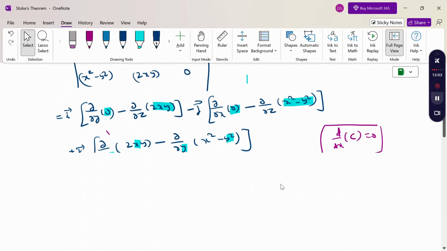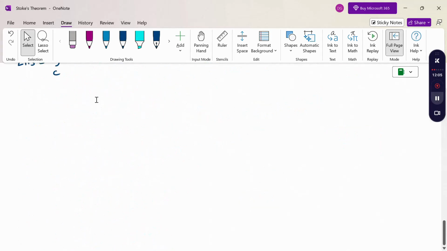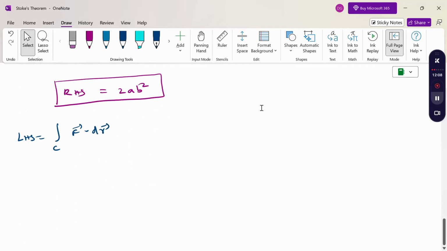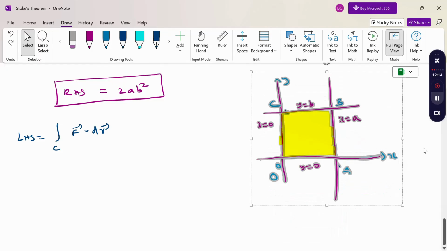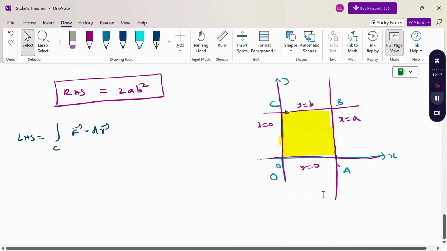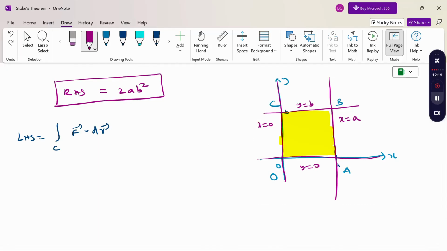Here, look, this is one line, this is one line, this is one line, with x from 0 to a and y from 0 to b. But the region is the addition of 4 lines, so it is only possible to calculate over the region O, A, B, C, or A, B, C, D, whatever the rectangular region.